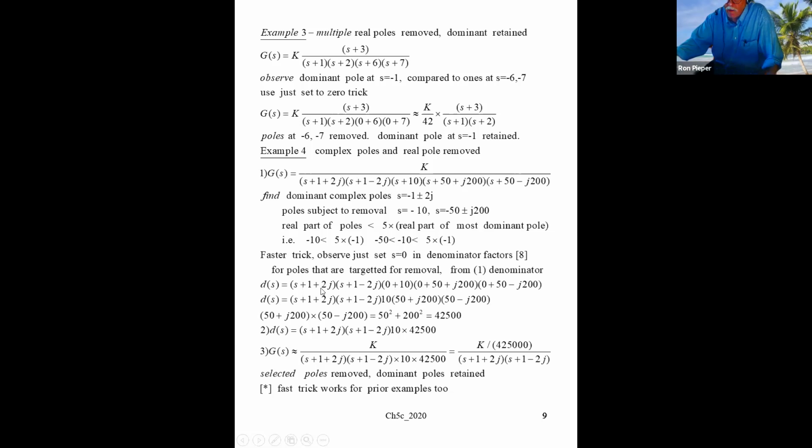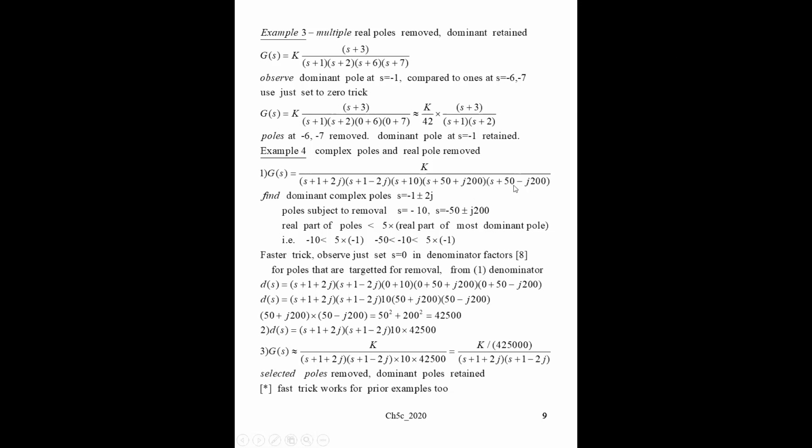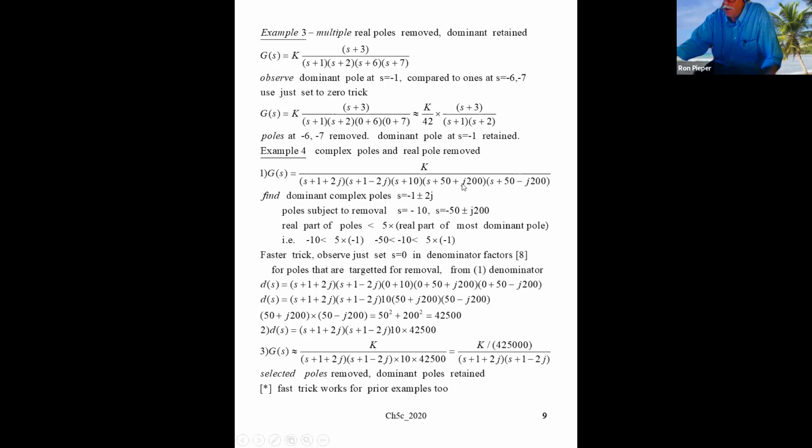But let's take a look at it now. Bear in mind, we need to keep the 10, important information, and we're going to need to keep this part right here. The reason I say that is because in this case we're throwing away parts that have complex conjugate poles, and we need to keep the important information associated with that, the 50 and the 200.